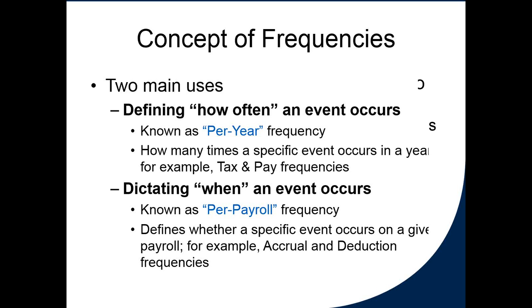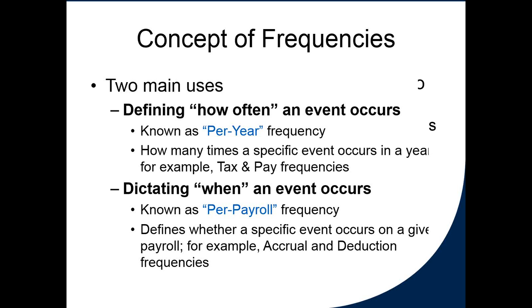For example, an accrual, a deduction frequency. Now, it's also really important to understand that when you're in Millennium and you're working with the accruals, a week is defined differently than an actual calendar week. So it doesn't matter what month of the year it is. The week is outlined the exact same in Millennium.